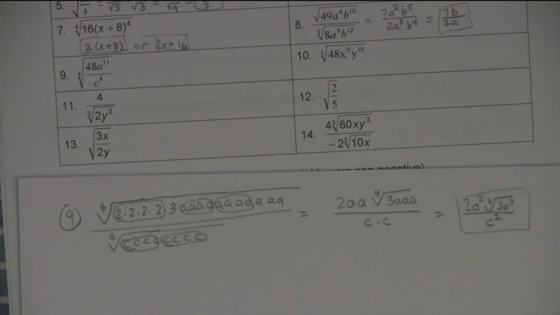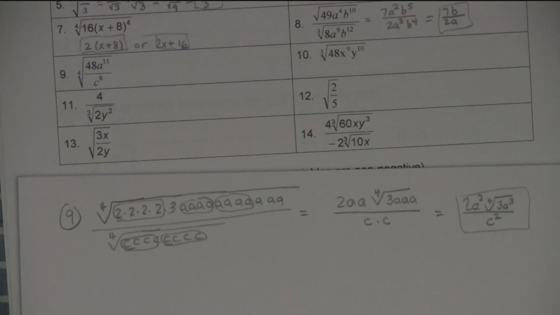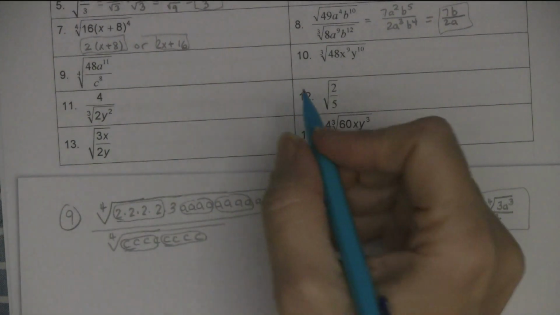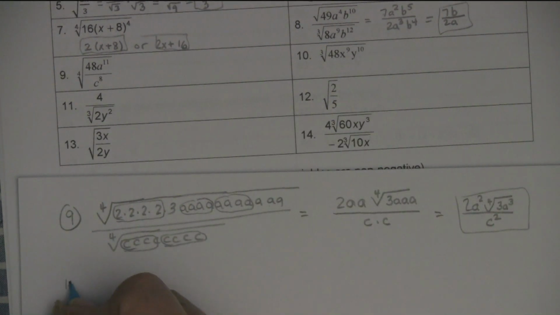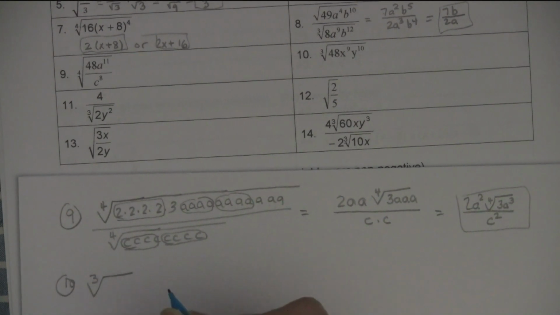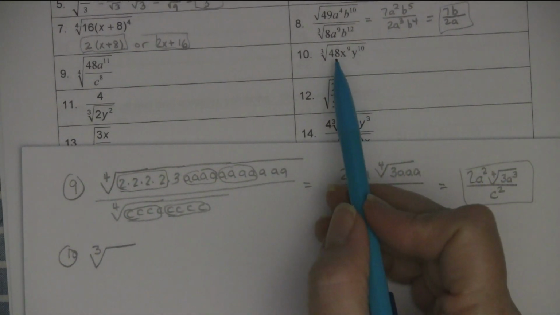Sorry about that. Got writing off my paper. So this is the third root, and maybe I need to write 10 here as well. Good news is I've already prime factored 48.